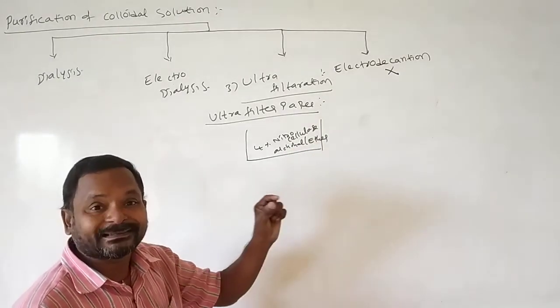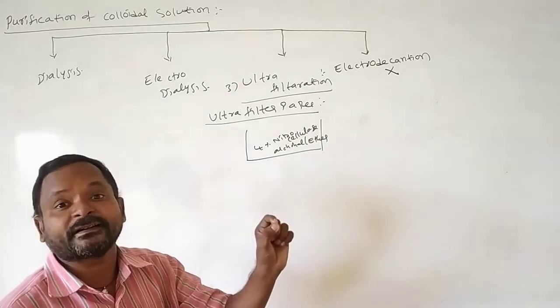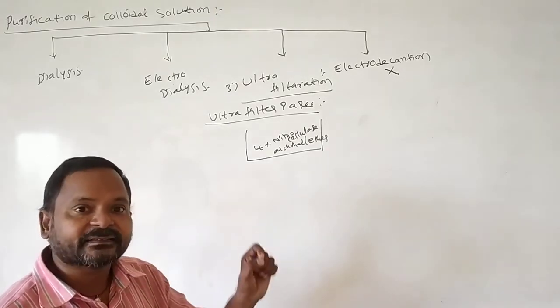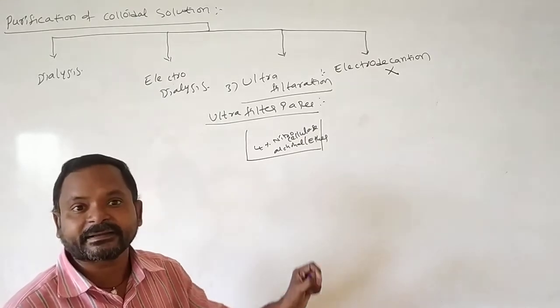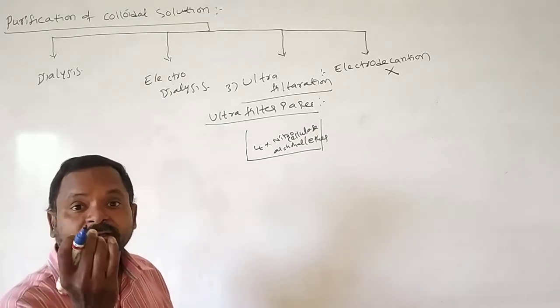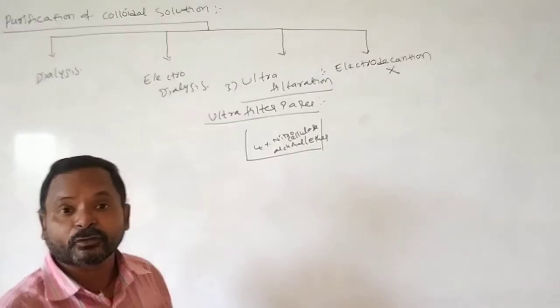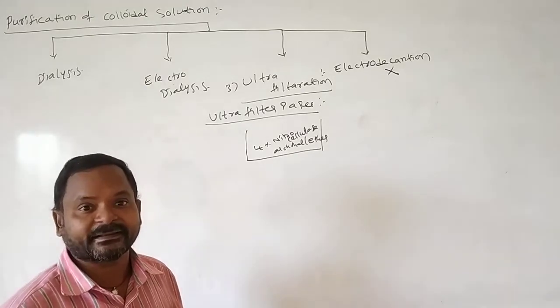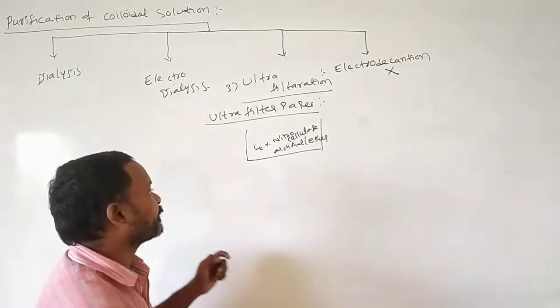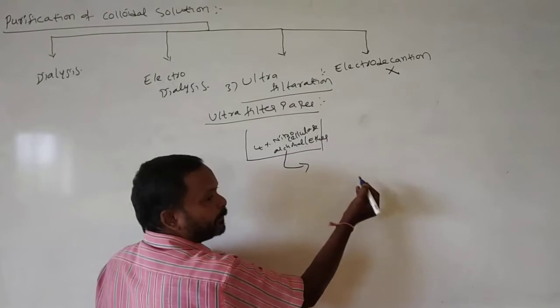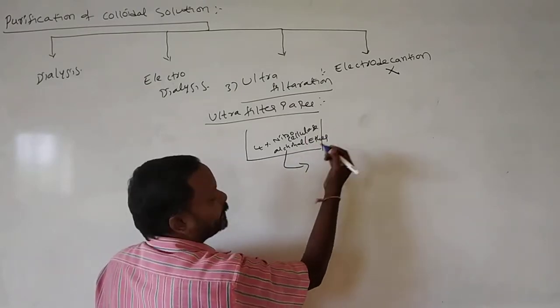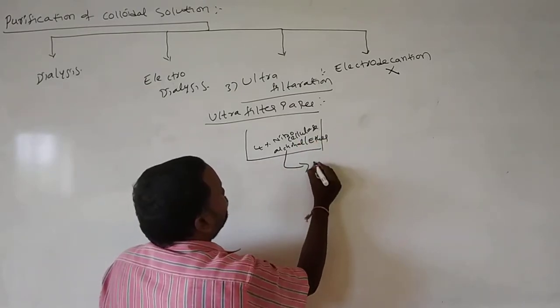What happens? The size of the pores of the filter paper decreases. Then it becomes ultra filter paper.